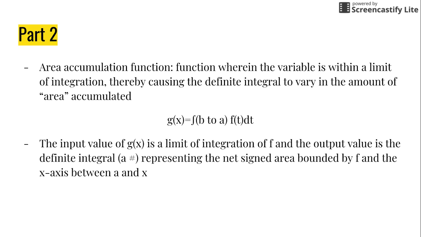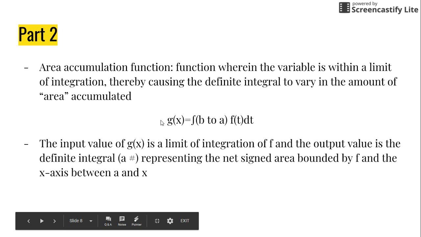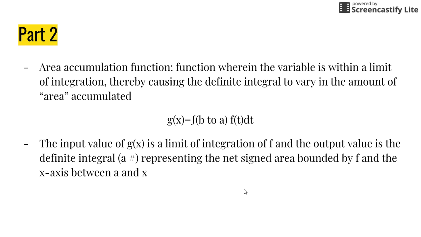This means that the input value of g of x is a limit of integration of f, and the output value is a definite integral, which is a number representing the net signed area bounded by f and the x-axis between a and x. This is our new equation for part 2: g of x is equal to the integral from a to x of f of t dt.